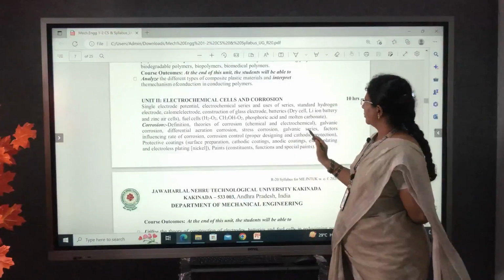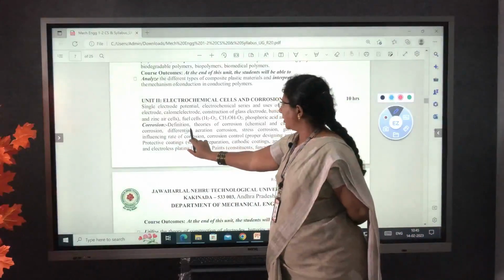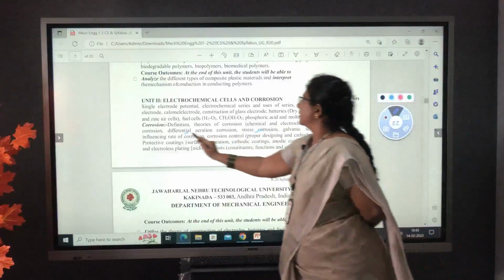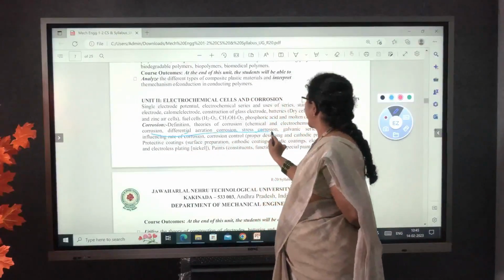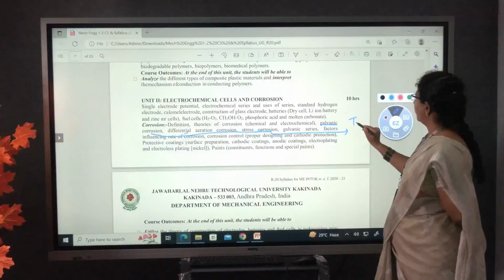After the theories of corrosion, we will be discussing about galvanic corrosion, differential aeration corrosion, stress corrosion. So these three we will be learning under types of corrosion.